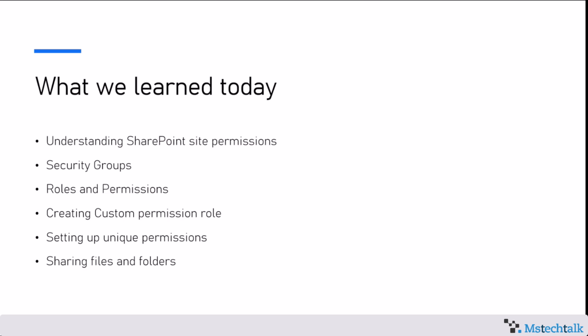Then we looked at setting up unique permissions for a document library, removing unique permissions, and adding users to the unique permission role. After that, we went through sharing files and folders, setting up permissions on the links, and also how to create unique permissions on those files and folders.